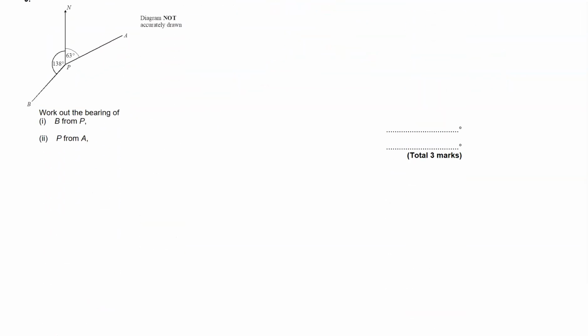Last question. So it's another bearing. Let's put my north lines on the ones that aren't already on. Work out the bearing of B from P. For that one you've got to start on this north line here and then go all the way around, because from P means you're at P and you want to get to B. So we need to know this angle here.